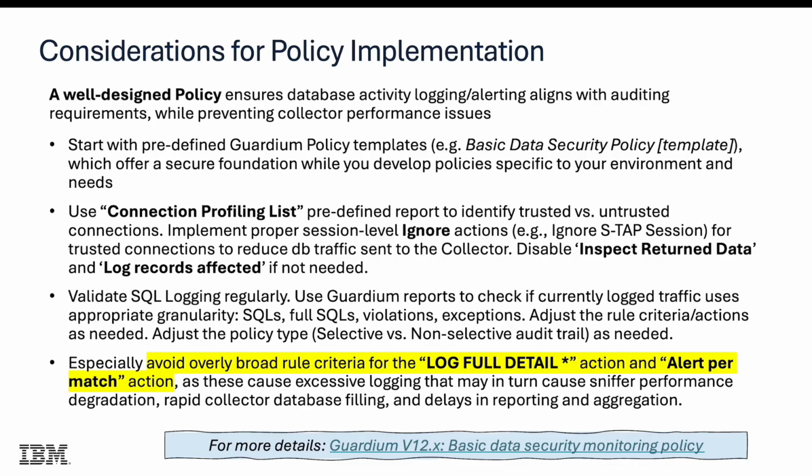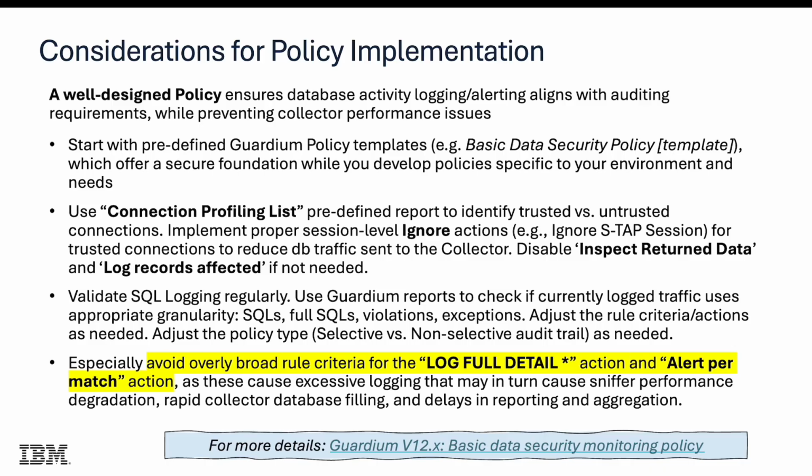As a support engineer, we see collector full issues very often, and most of the time, the root cause is policy configuration, especially overusing log full details or alert per match for traffic that doesn't need it.